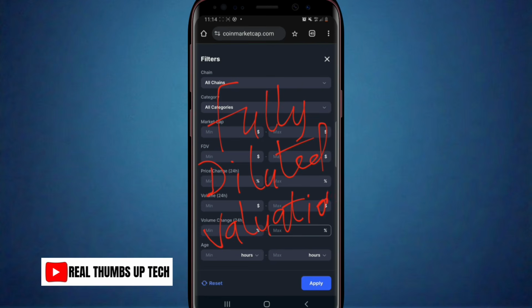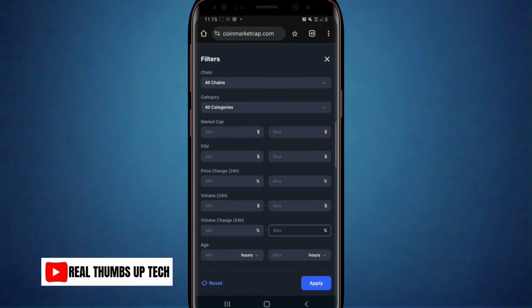Okay, so for example, let's say the total they plan to release for Mornology coin is 100 million coins, but only 10 million are in circulation now. That 10 million in circulation, when you multiply it with the current unit price, gives you the market cap.